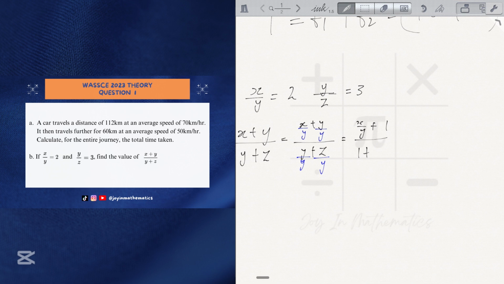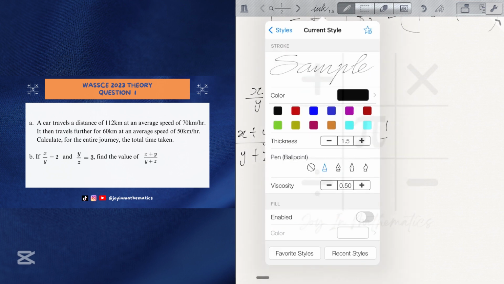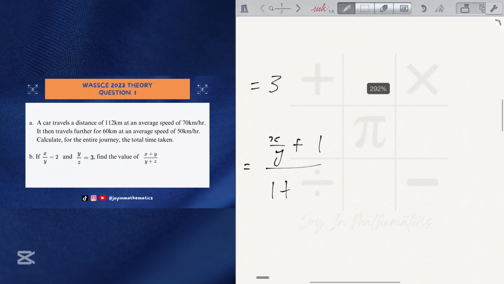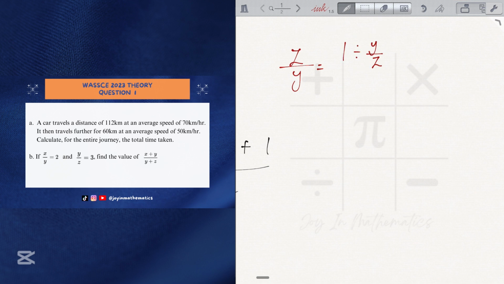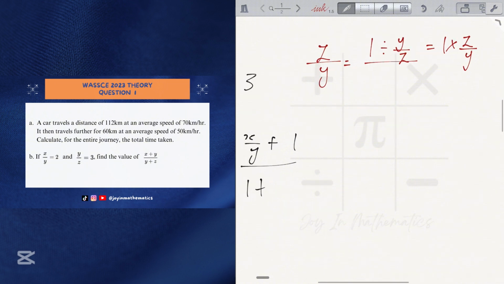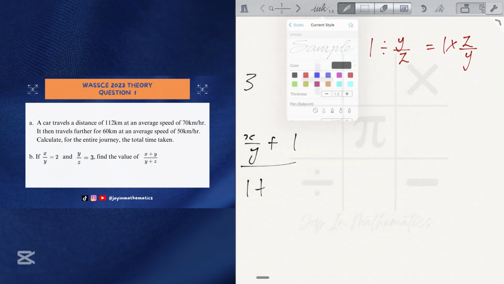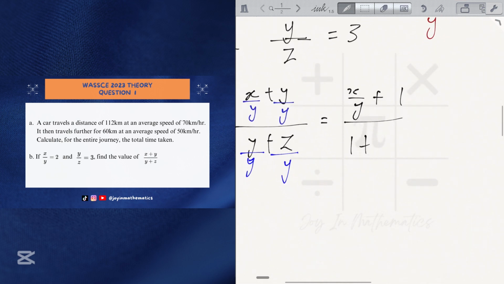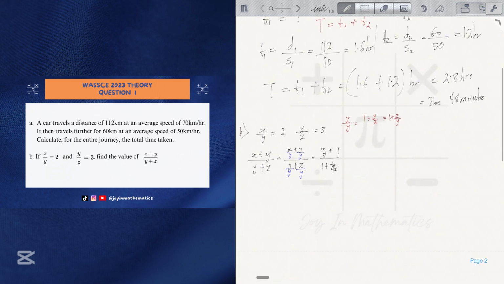We have to put Z over Y in terms of Y over Z. Now if you go to the explanation on inverse, we understand that Z over Y will be equal to 1 divided by Y over Z, because when we change this sign here, it is 1 multiplied by Z over Y. This is reciprocated, so Z over Y is equal to 1 divided by Y over Z. So let's implement that, and we'll say Z over Y is 1 divided by Y over Z. Now with this, all we have to do is to make our substitution.